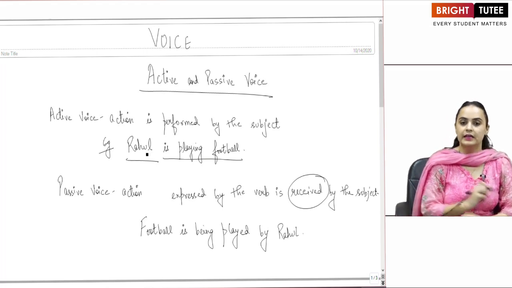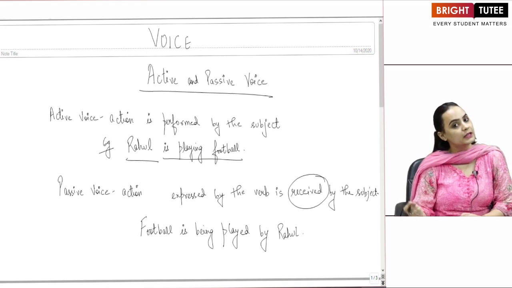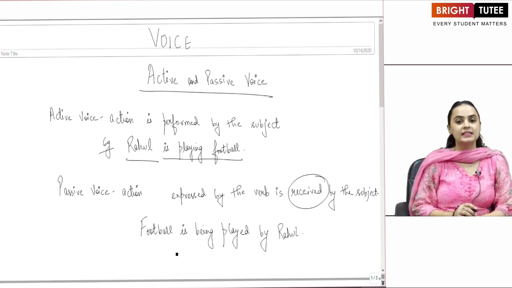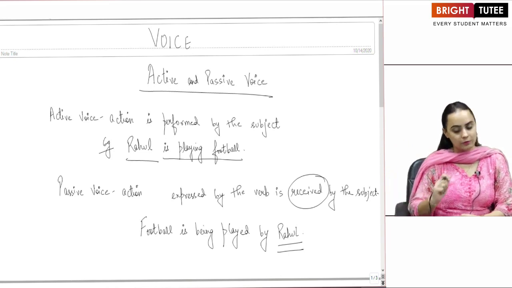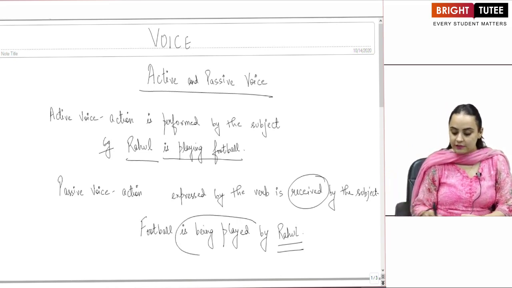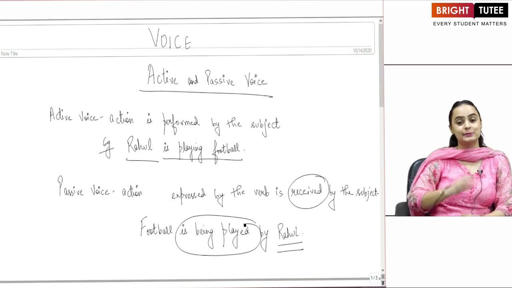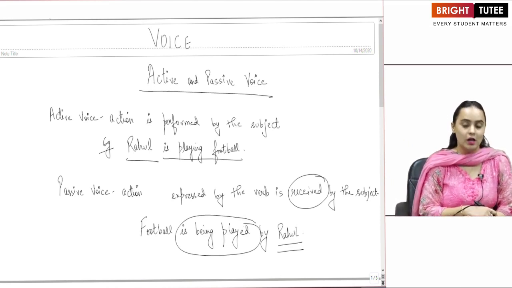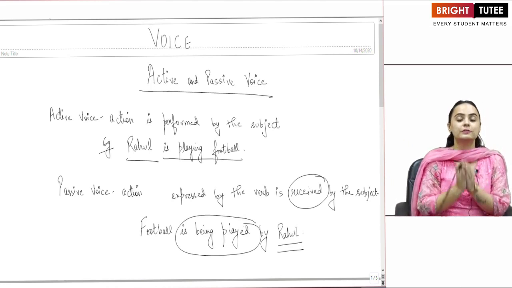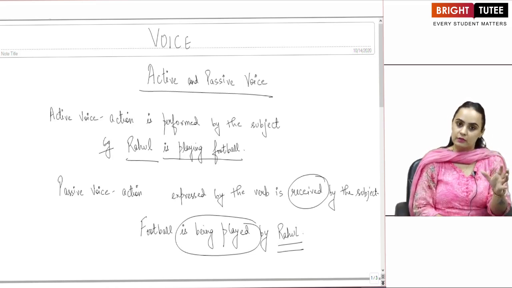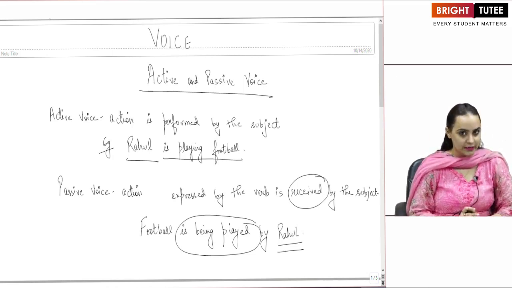Now, where in the first sentence my subject Rahul was performing the action, in the second sentence my subject now goes to the end and is receiving the action. It says it is being played by Rahul. So this is what the difference between an active voice and a passive voice is.